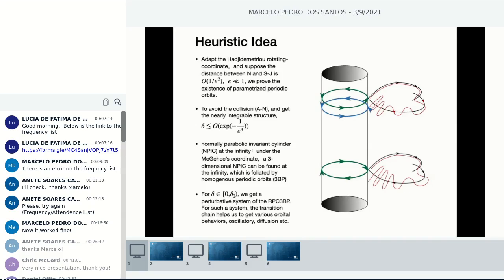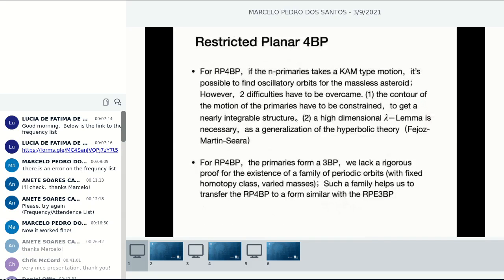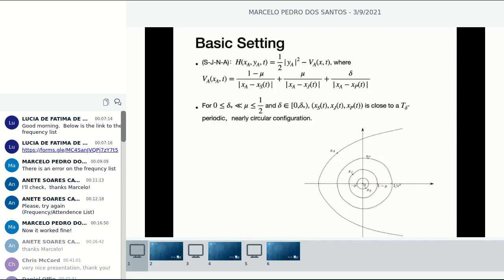An implicit constraint we need to propose, to avoid collision between the asteroid and Neptune, is this: the asteroid is making nearly parabolic motions, so the closest point is on the horizontal axis.